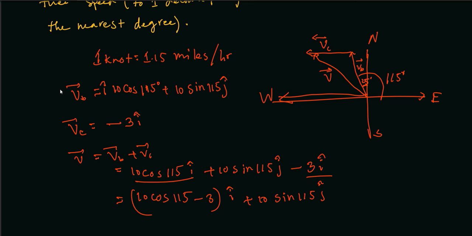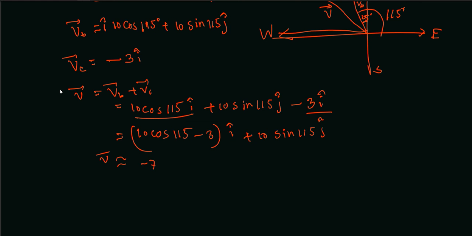So the vector is approximately equal to negative 7.2i plus 9.1j. I have used a calculator to calculate these values. So the true speed, we need to find the true speed.